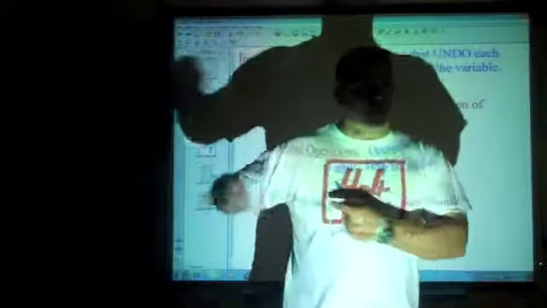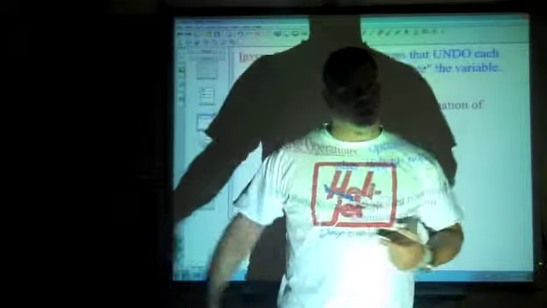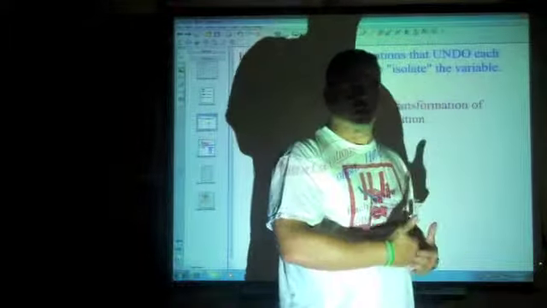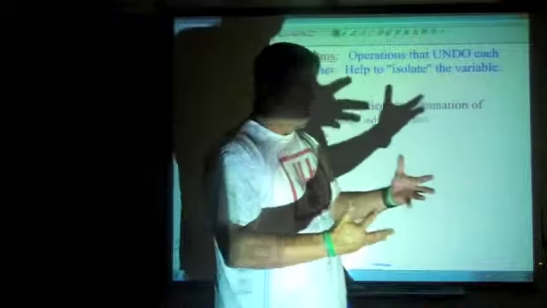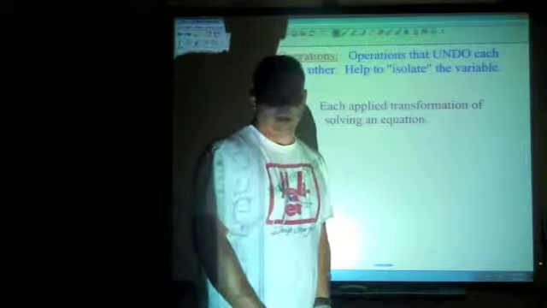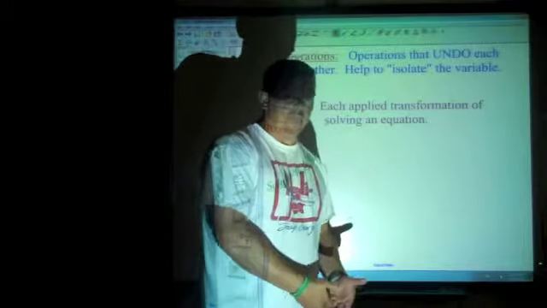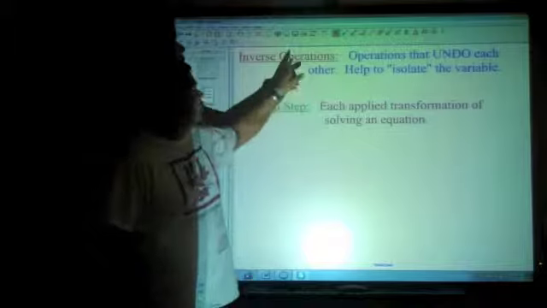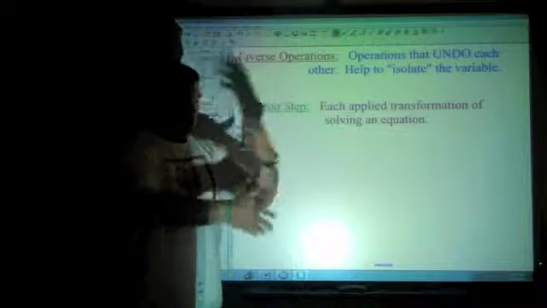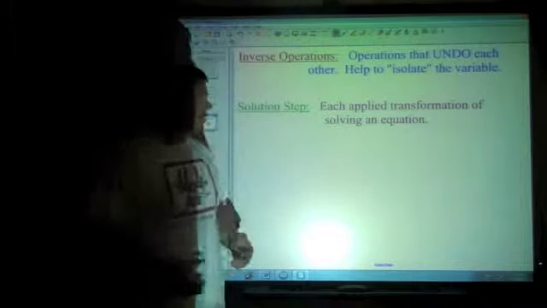The only way I'm going to get back to that exact same spot is if I undo everything that I've done. So instead of multiplying by 4, I would divide that 20 by 4, which would put me back at the 5. And then instead of adding 5, I would subtract 5 to put me back at 0. Those are inverse operations. I'm undoing everything and going back to the start.